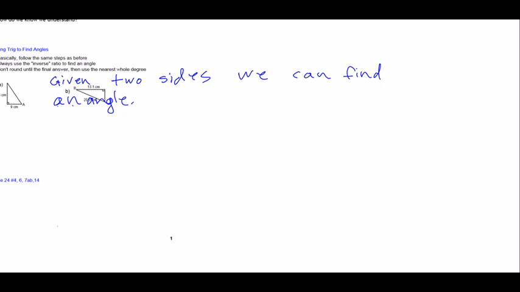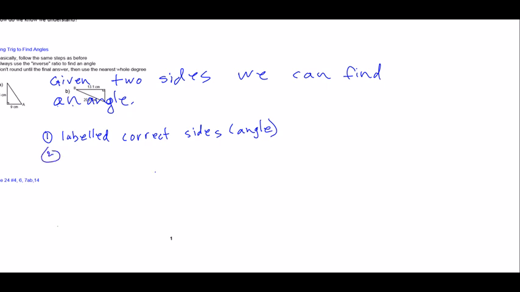How do we know we understand? One, basically what you really need to realize is that we have labeled the correct sides based on the angle that we've chosen to calculate.